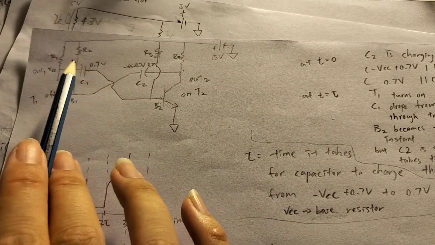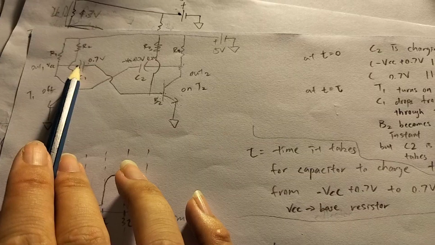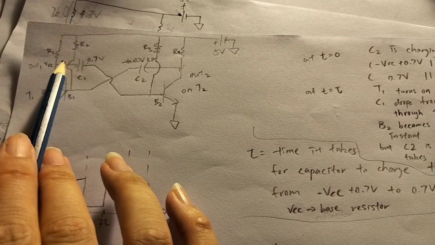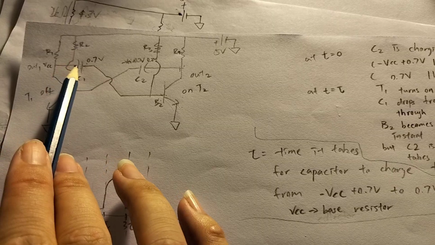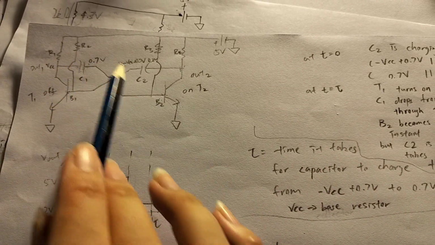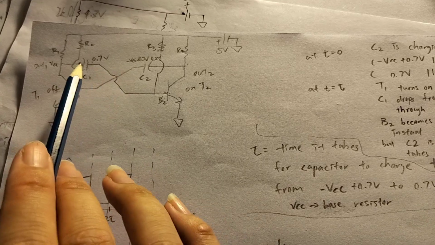And then the opposite side of the capacitor has a voltage of minus VCC plus 0.7 volts. And I'll tell you why that is in a bit, because once we get to the next part of the cycle, we can see why.